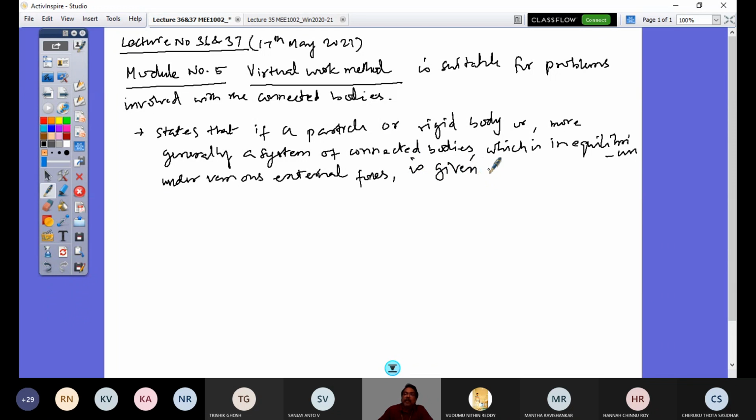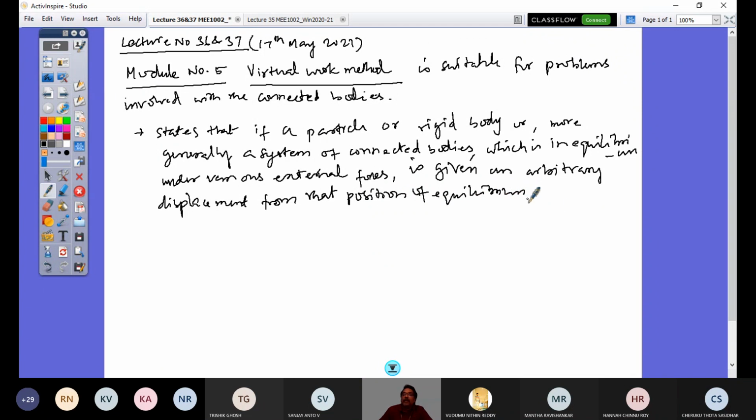An arbitrary displacement from the position of equilibrium.